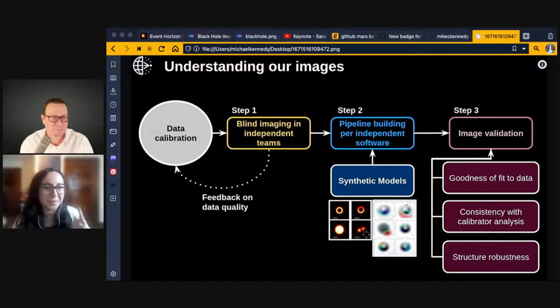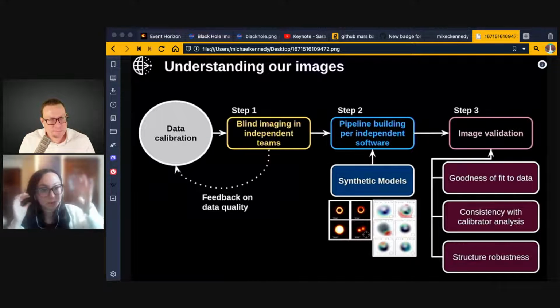But how do you pick one image? That was the dilemma we had at the final stage. We didn't know how to pick a single image, so we decided to create fake data sets that mimicked our data, in which we knew the real truth images, and they looked like rings or disks or double sources.